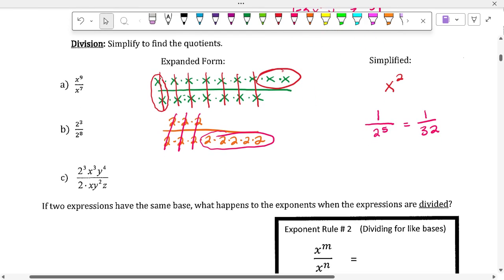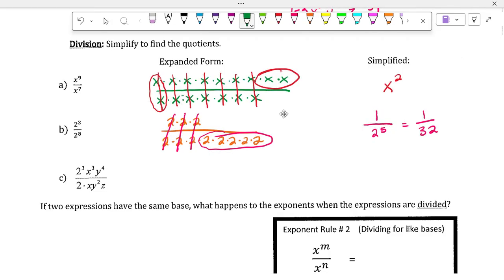Now, lastly, we have letter C. So letter C would look like this. So 2's 3 times, 3 x's, and 4 y's, all over a singular 2, a singular x, 2 y's, and 1 z.